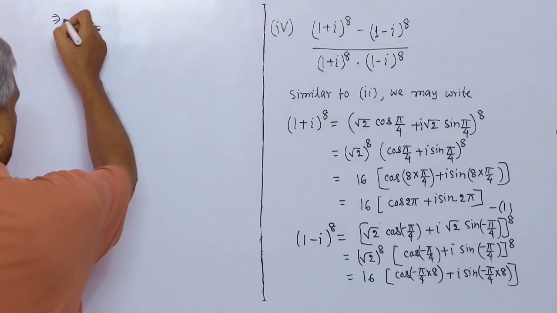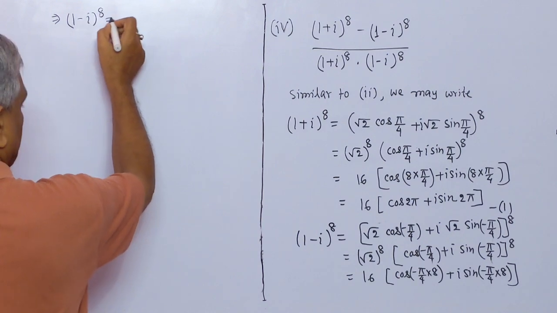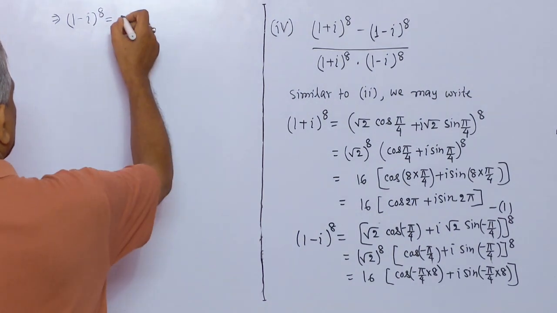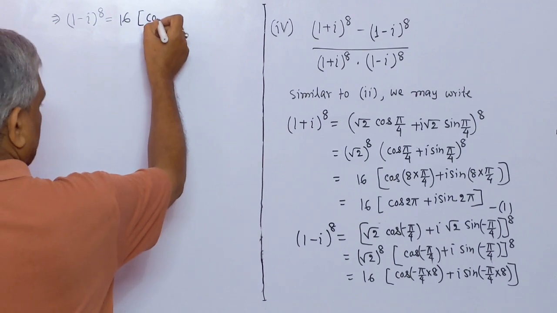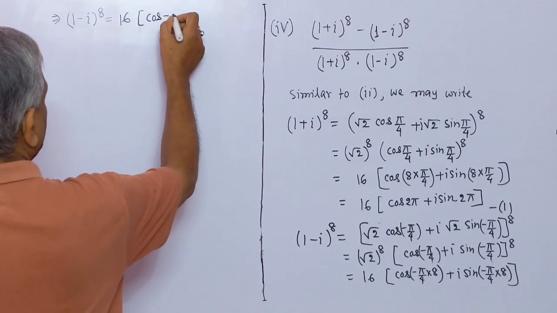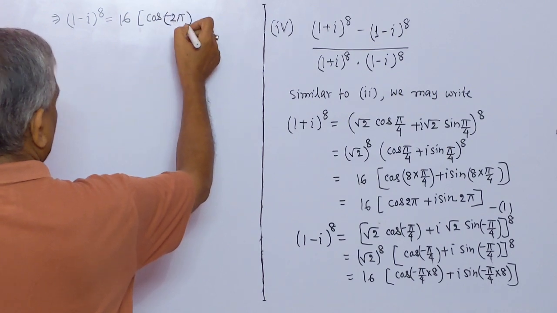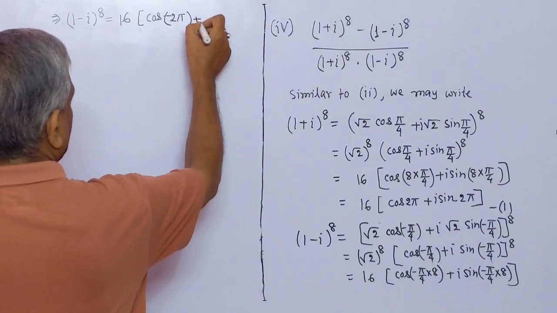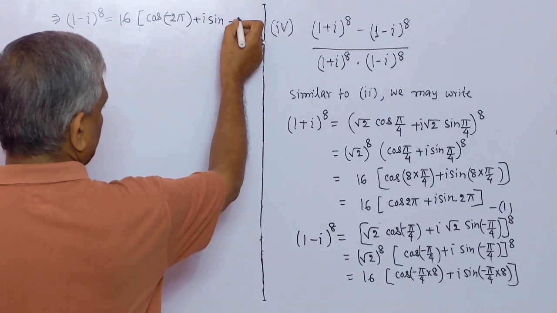This implies that 1 minus I to the power 8 equal to 16 cos minus 2 pi plus I sin minus 2 pi.